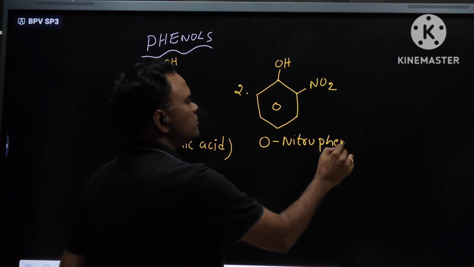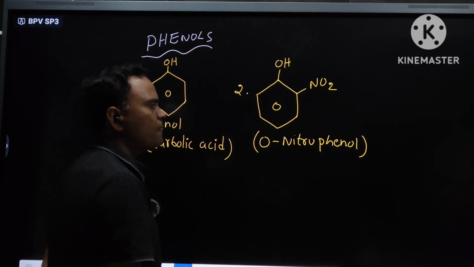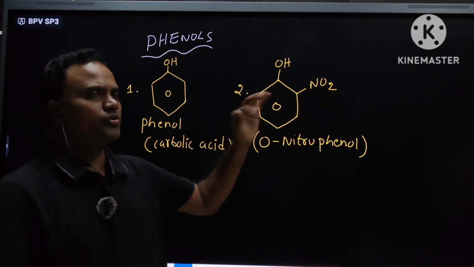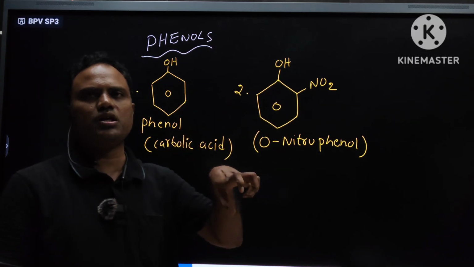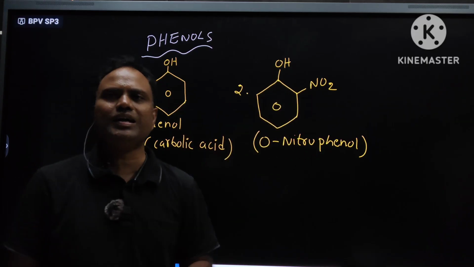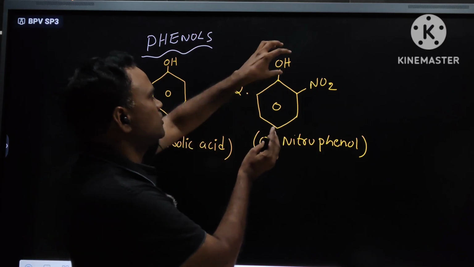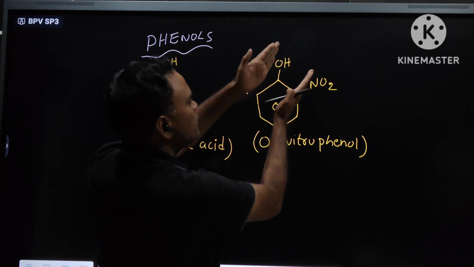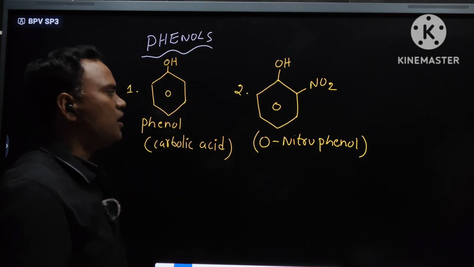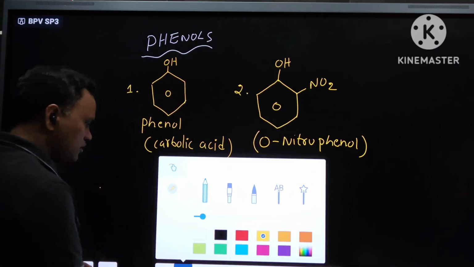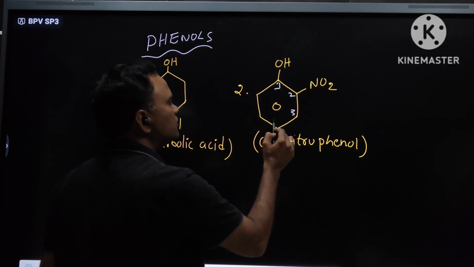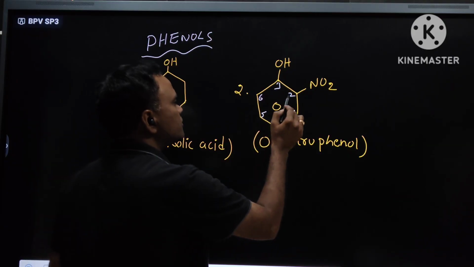In ortho position, nitro group is present. You know ortho positions on the benzene ring: two substituents present in adjacent positions. See, OH is one substituent, NO2 is one substituent, both are side by side. That is ortho position. Ortho nitrophenol, or we can give the numbering like this: 1, 2, 3, 4, 5, 6.